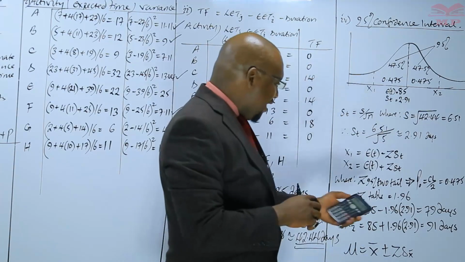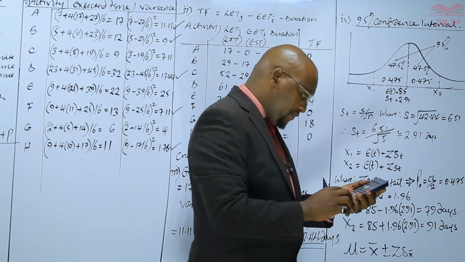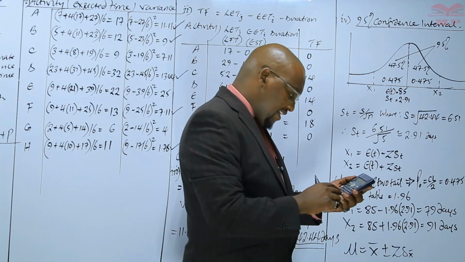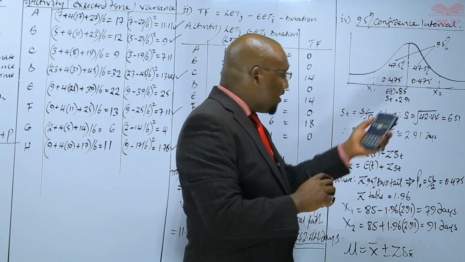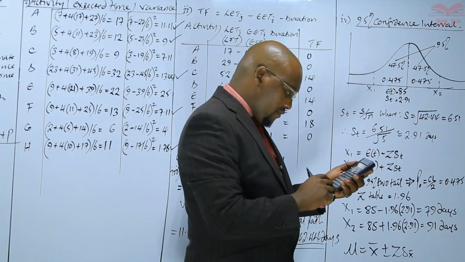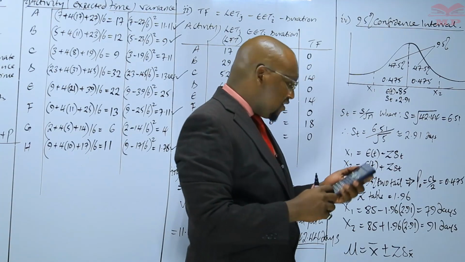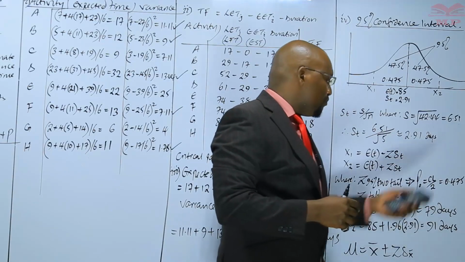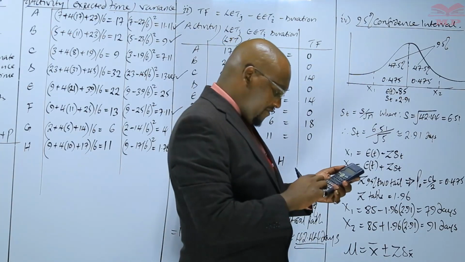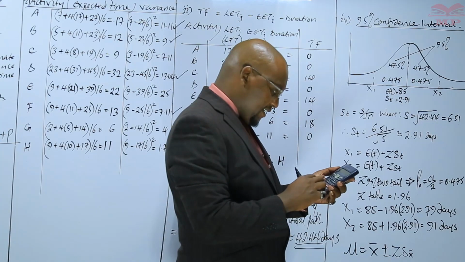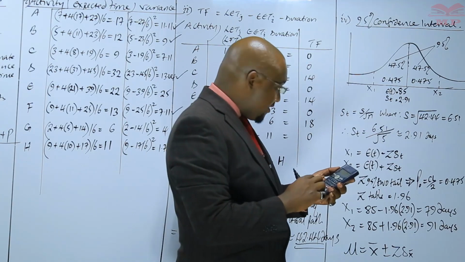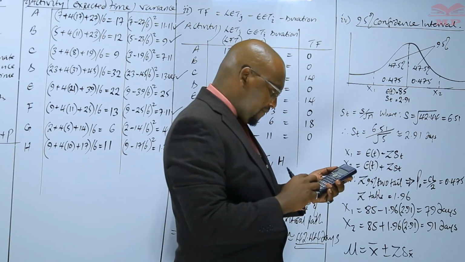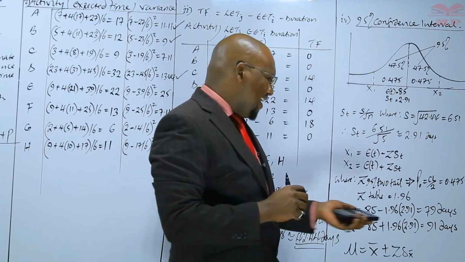It would have been 85 minus 1.96 times 6.51, which would be 72. And the other one would have been 85 plus 1.96 times 6.51, which would have been 98.